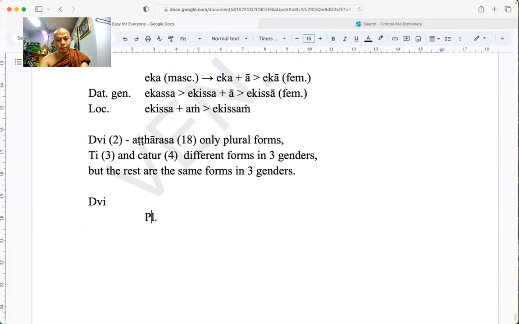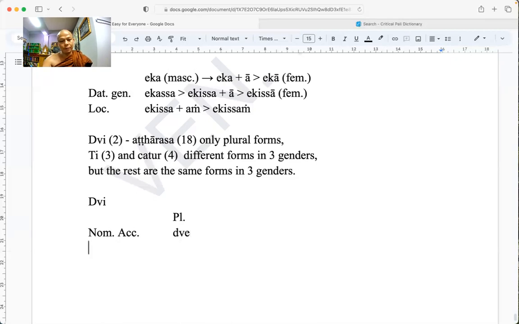Right? So the nominative case, and then the accusative case, are the same form. Doi. Okay, doi.